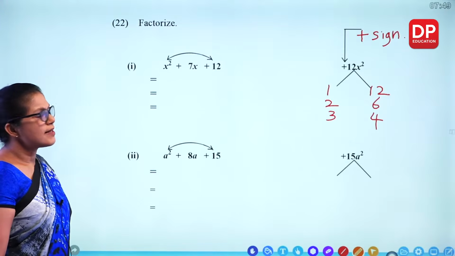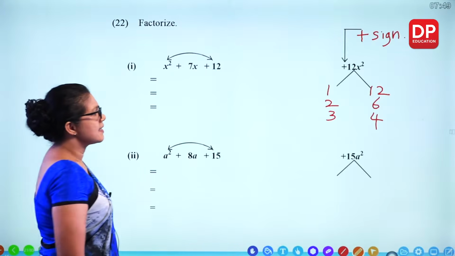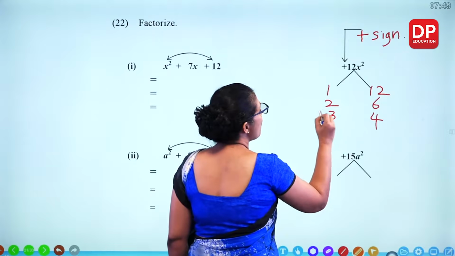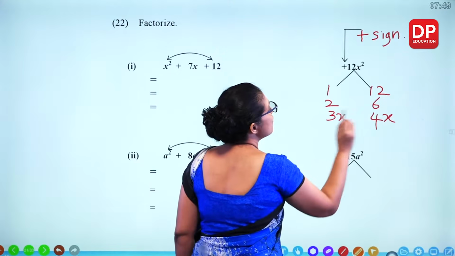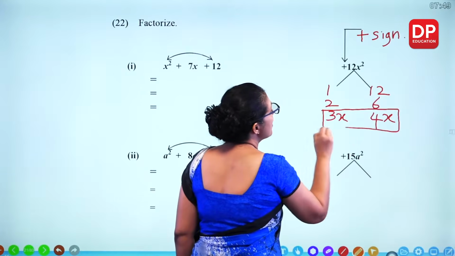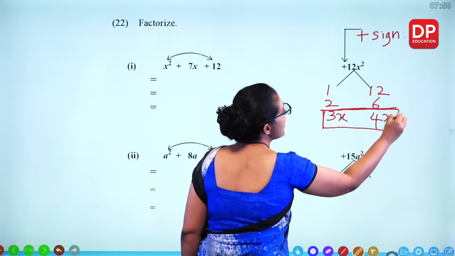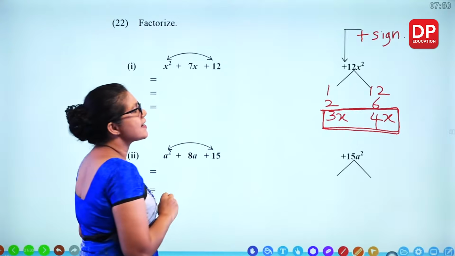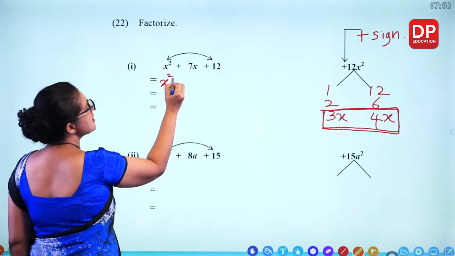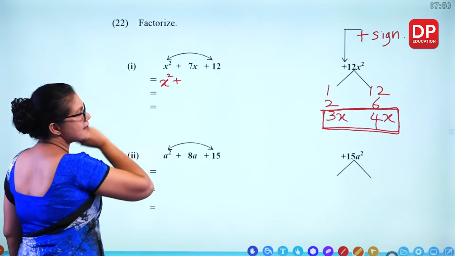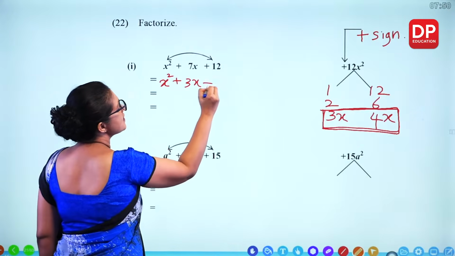No, 2 and 6 you can't because you get 8. 3 and 4. So that means you can write this is 3x and 4x. So these are the appropriate factors. So 3x and 4x. So I can split 7x into 3x and 4x.